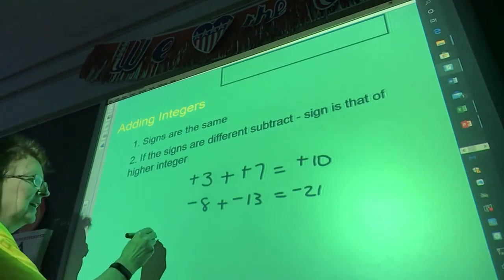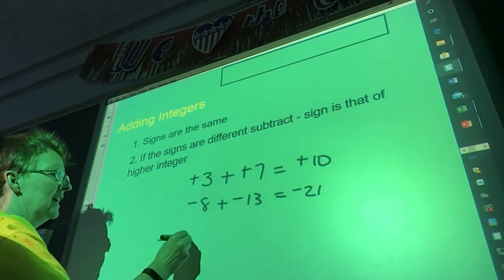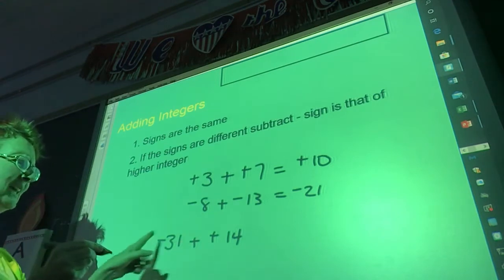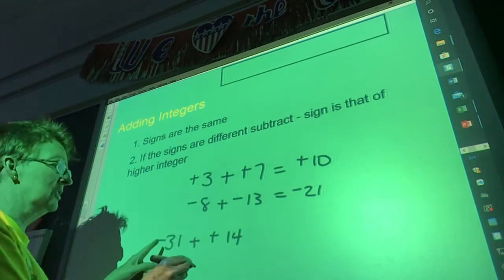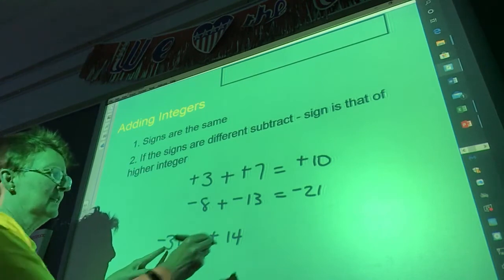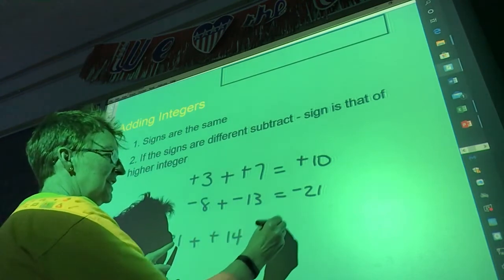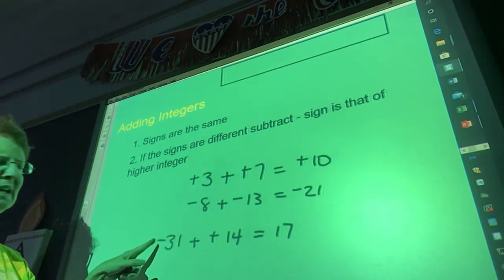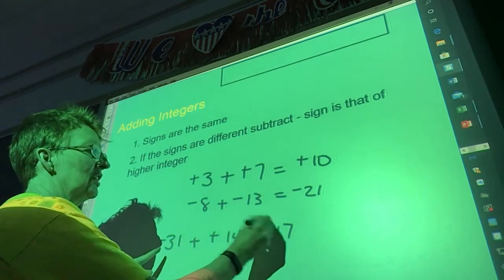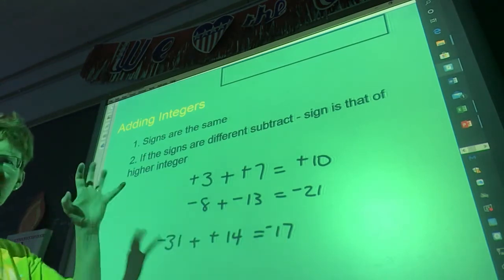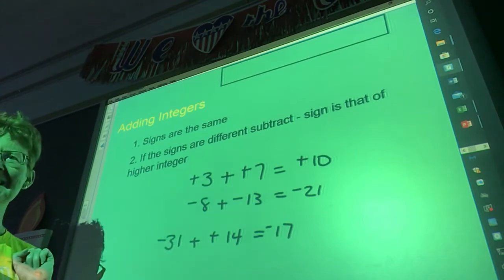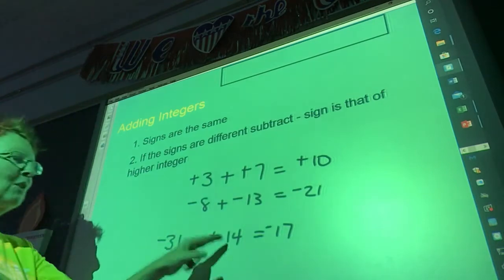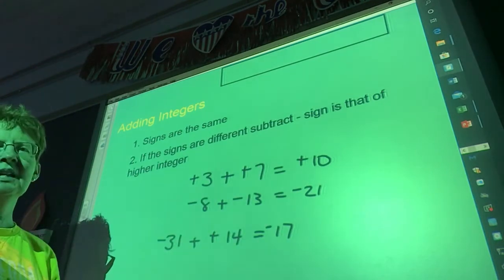So if I had negative 31 and I'm adding a positive 14, my signs are different, so I have to subtract the 2 numbers. 31 minus 14 is 17, and because the bigger integer, 31, is negative, my answer is going to be a negative 17. Thinking about it on the number line, I'm at negative 31 and I'm going in the positive direction, closer to 0, 14 places, and I get to negative 17.